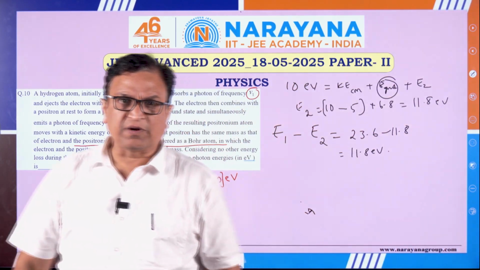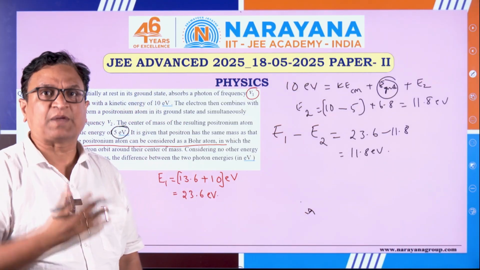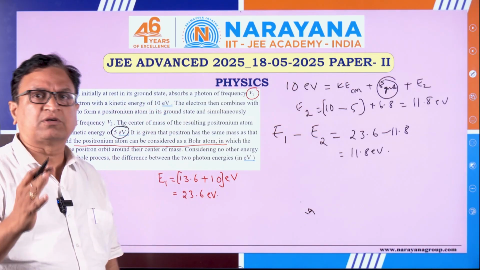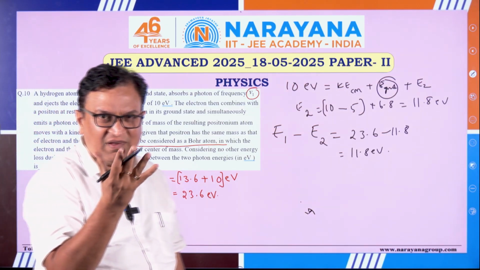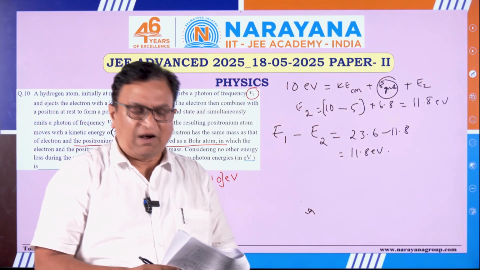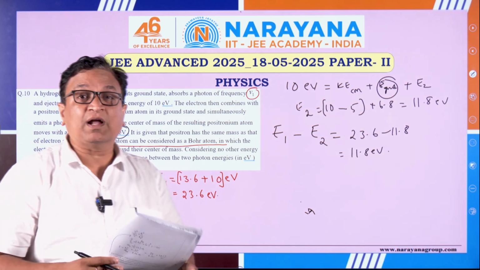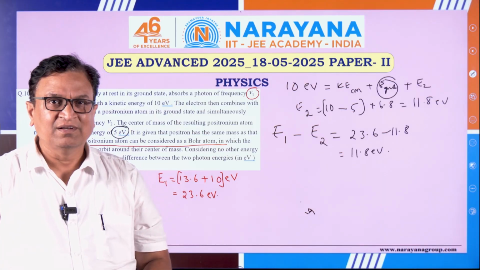Proper data was not given, and you need to have the knowledge from your previous practice. I am repeating again, it's a very good question, but traps were set. This is where our Narayana grand tests, Narayana revision program, and Narayana assignments all help the students.